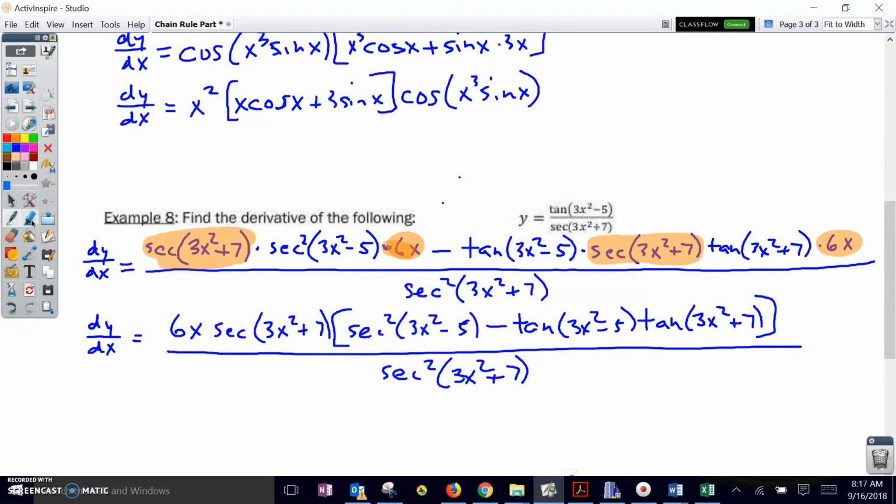And now, since this is a factor of the numerator, I'm going to cancel one of those secants out from the denominator with the secant in the numerator.